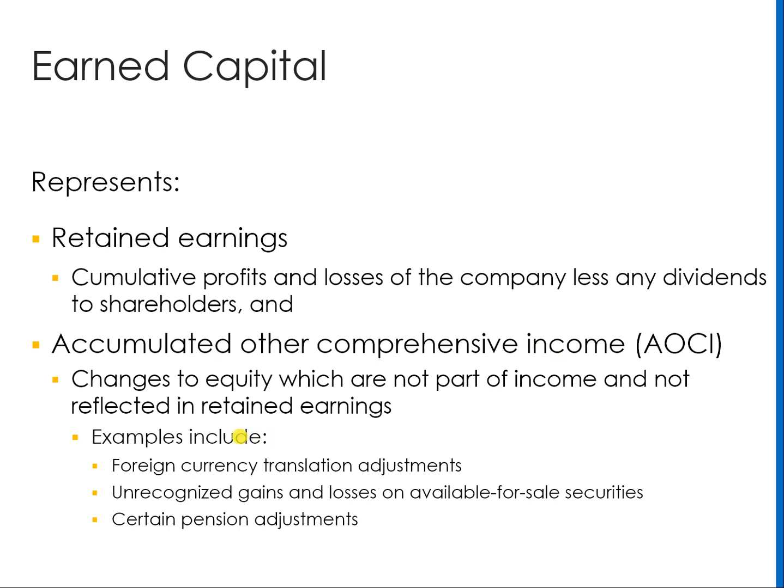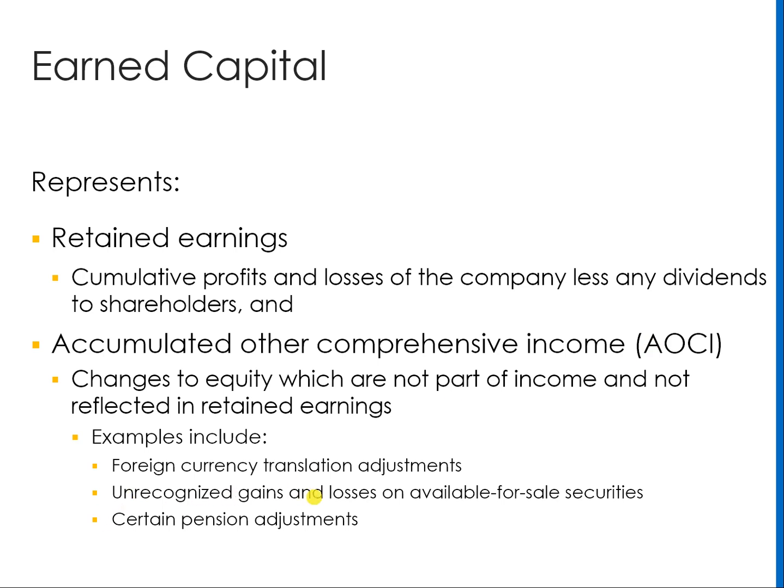So what are the examples we have for accumulated other comprehensive income? We have foreign currency translation adjustment. If a company holds a lot of foreign currencies, due to the fluctuation of exchange rates, it may have gains or losses. These are not shown in the income statement; rather, they show in this account.